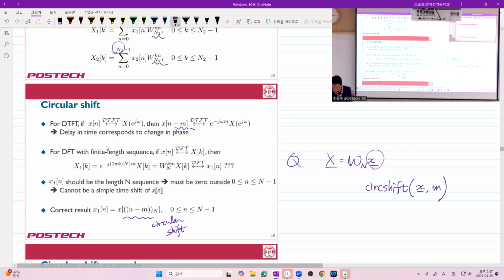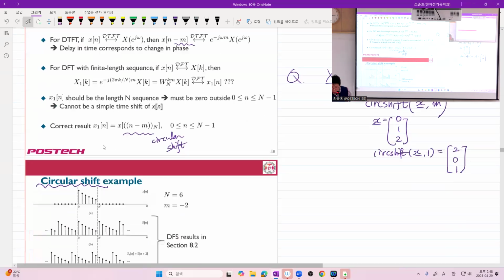So let me give you some example. 0, 1, 2. Circshift X, 1 is what? 2, 0, 1. Because you downshift. The convention is downshift. Circshift X, -1. Then you have 1, 2, 0. Got it?